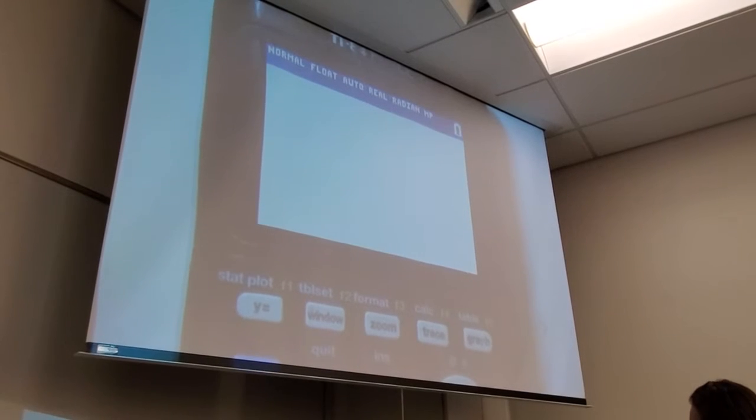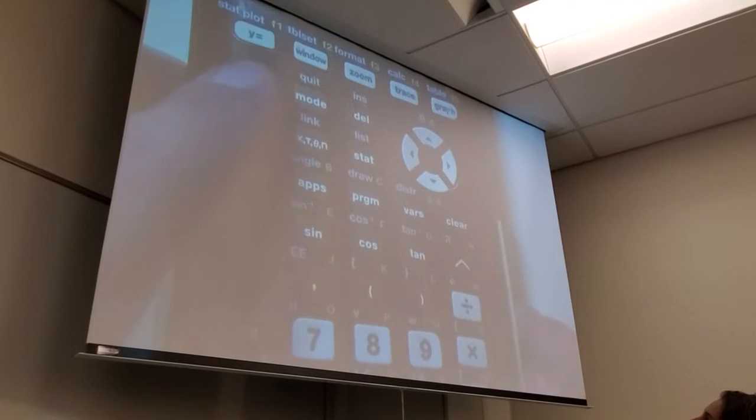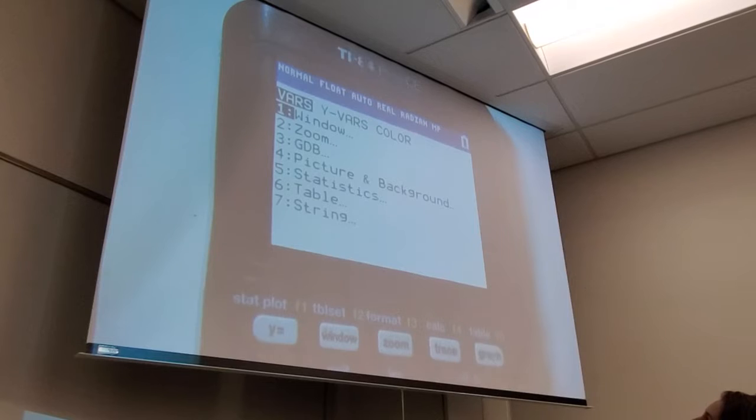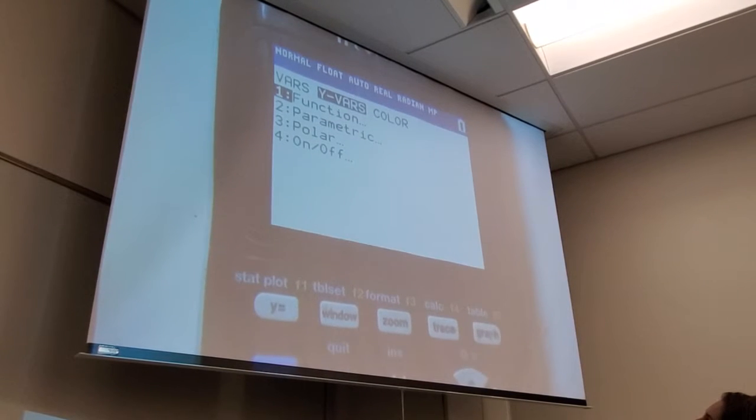Just plug the function in there. I need to start off with f of 0. So I go to y bars, you only have to do this once if you do it the way I do. I want to get function, and I want to do y1.